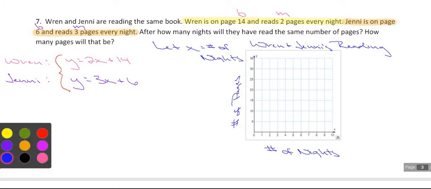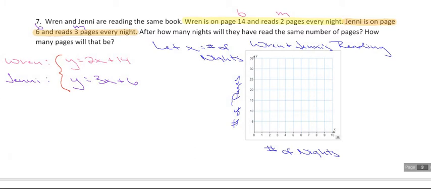So if we start by graphing Ren, and unfortunately based on this real life situation, graphing isn't going to be the best way to solve this, but that's the only way we know how to solve right now with a system. So with Ren, her equation is y equals 2x plus 14. So her slope is 2, or 2 over 1. So rise and run. And her y-intercept, her b, is 14.